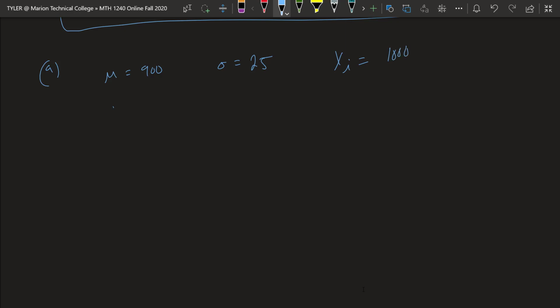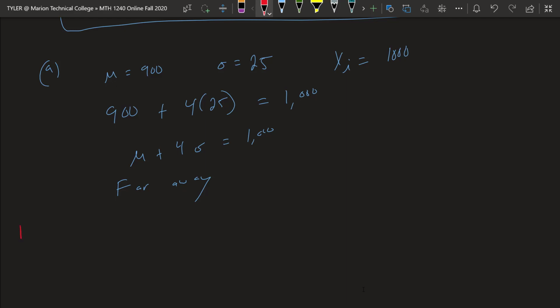So here you would have to take 900 plus 4 times 25 to get to 1,000, because we need to add 4 standard deviations, 4 times 25 to get to the 100 that we need. So this would be your mean plus 4 times the standard deviation to get to 1,000. So this is far away, because it's more than 2 standard deviations away. We had to add 4 of them.